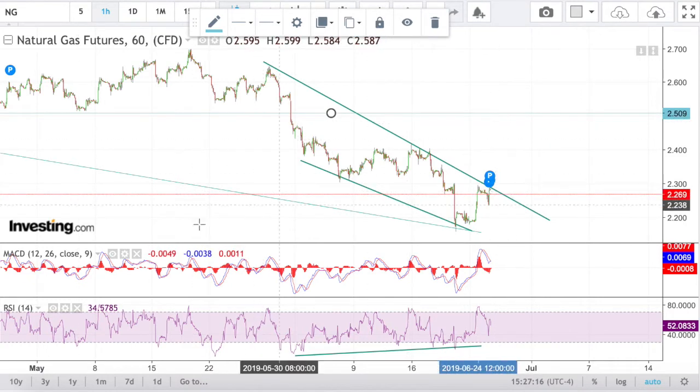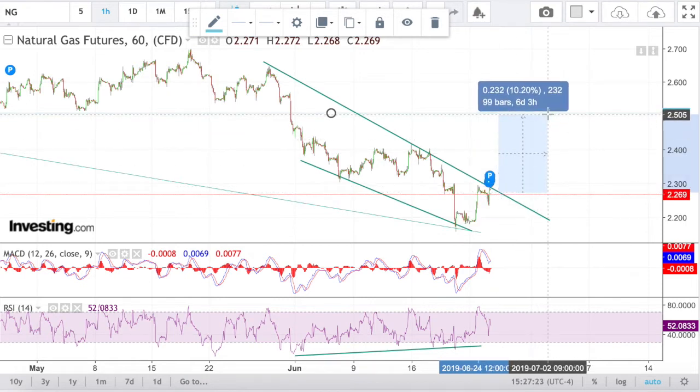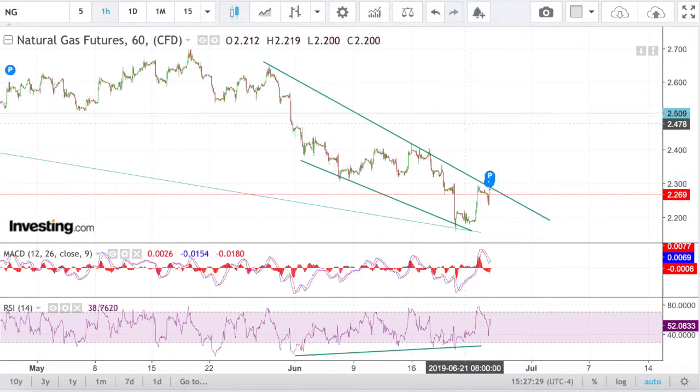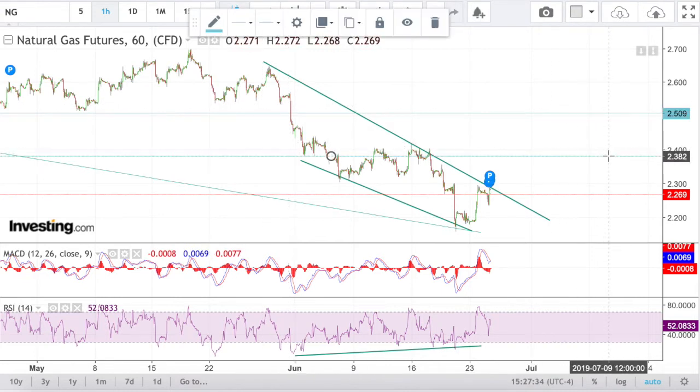So if we break this downtrend line, it triggers our nice trade setup, and then we'll have a nice 10% potential target zone. That's the final target, and under this I do have a first target at 2.38 here. So that's I think 5%.